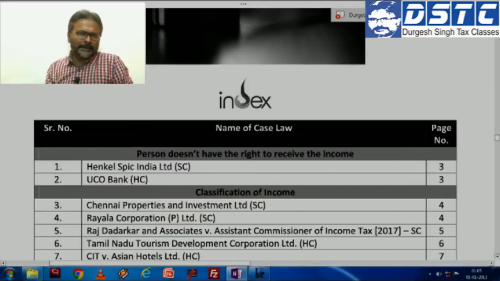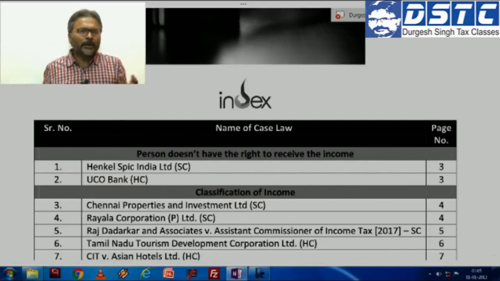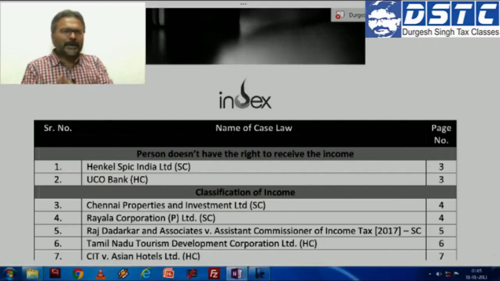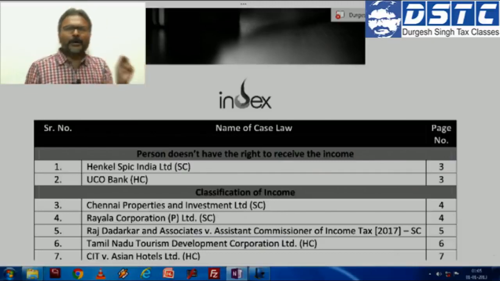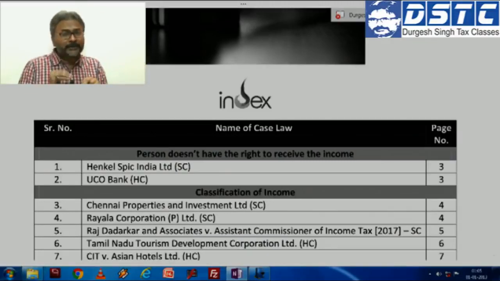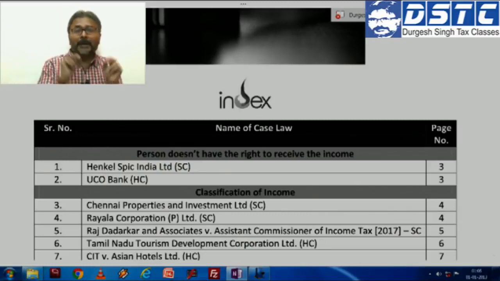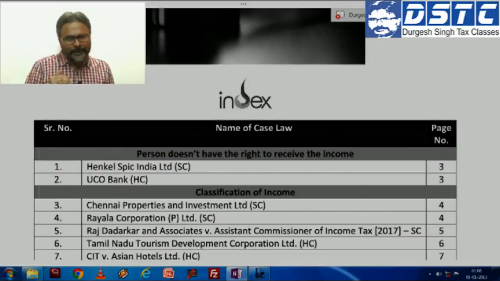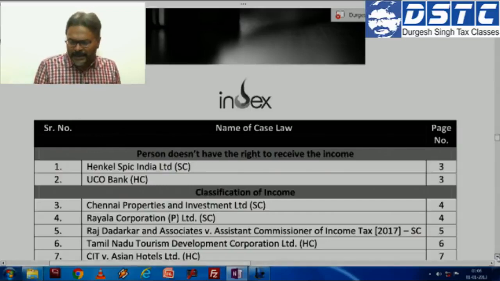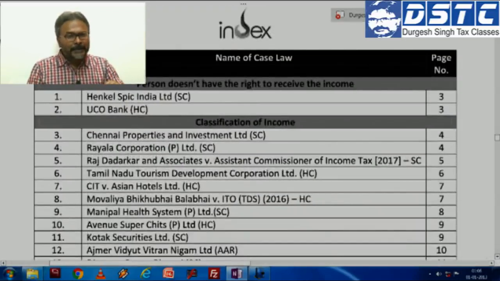Going through the whole list of case laws, I could easily find out that the issues in many of the case laws are overlapping. They are common issues, although the facts of the case are different. And because they are common, I have made a particular segmenting of the same.